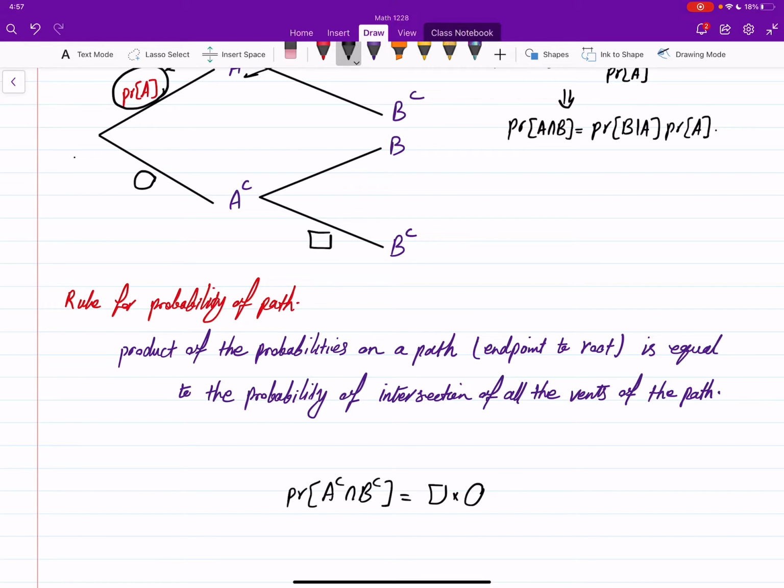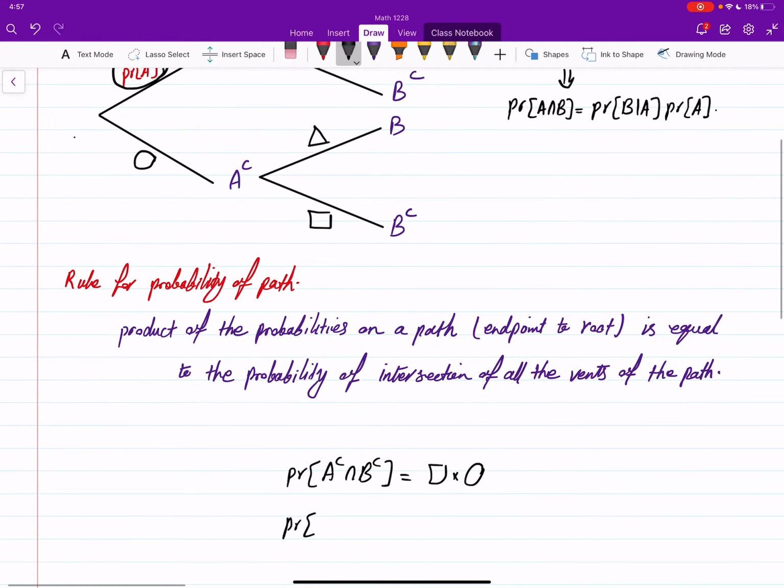Or, let's say there's a number there, so probability of B: the path here contains B and A complement, so B intersect A complement is going to be equal to the product of all the numbers from that terminal point to the root. So, triangle times circle. Okay, so that's the rule through which we can find probability of intersections of events on a path. Just multiply all the way down to the root.